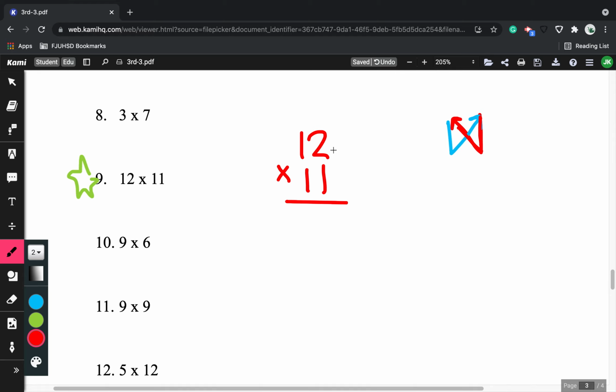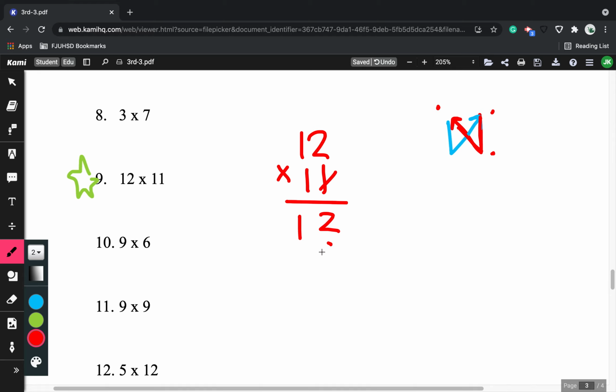So first you go from top right to bottom right. So 2 times 1 is 2. Then bottom right to top left because it goes up this way. So that's going to be 1 times 1, 11.